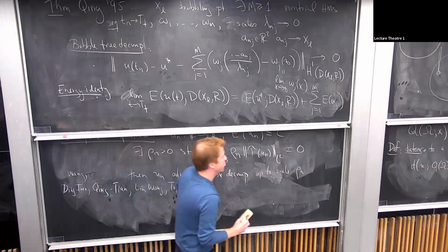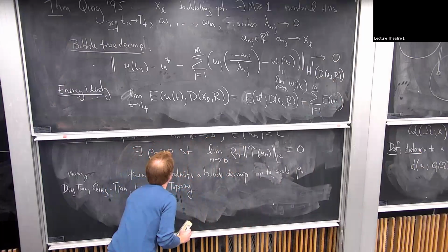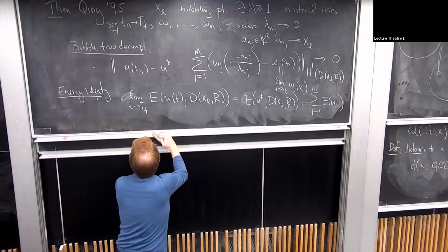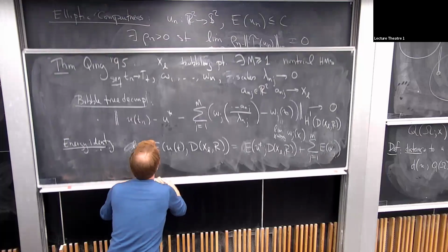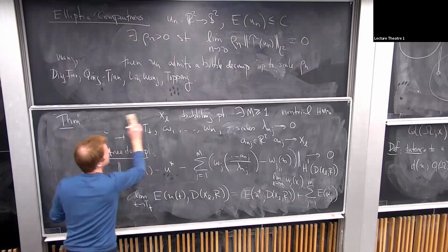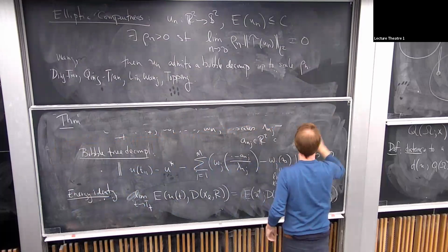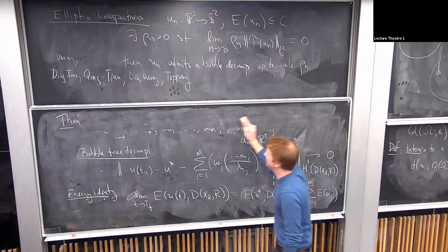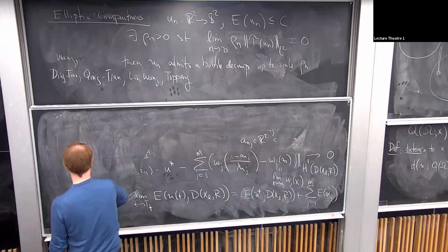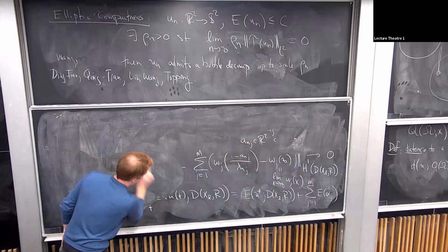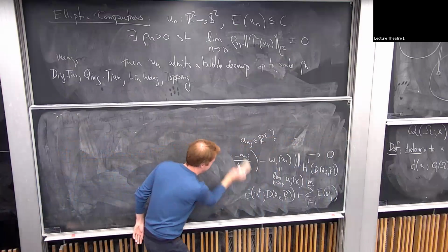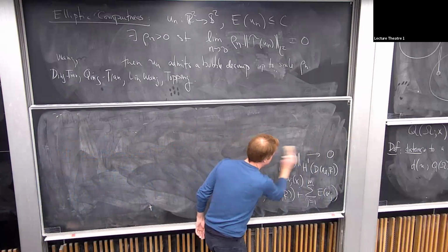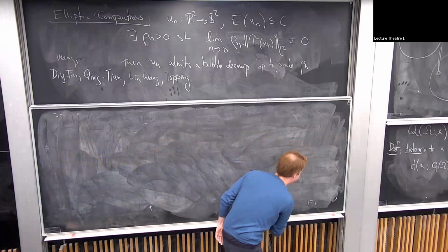And then let me state the theorem. So this is the distance to a particular multi-bubble configuration. And next I'm going to define my proximity function to the family of multi-bubble configurations.